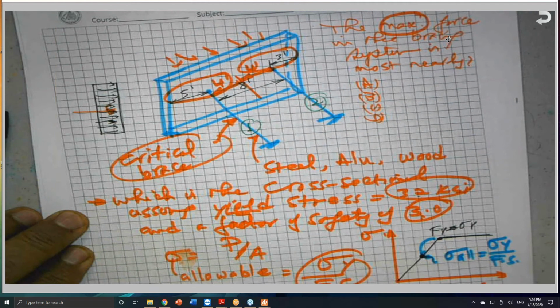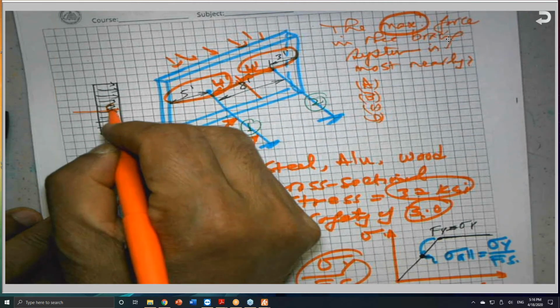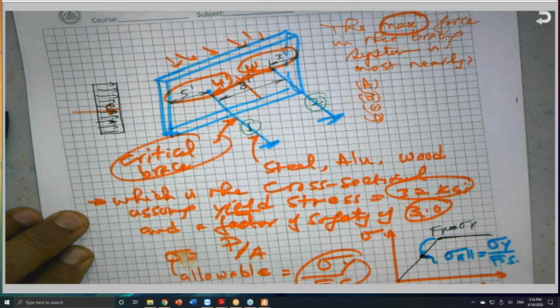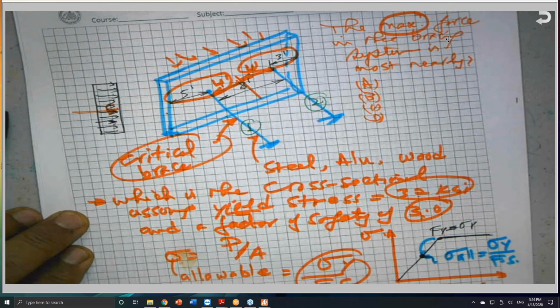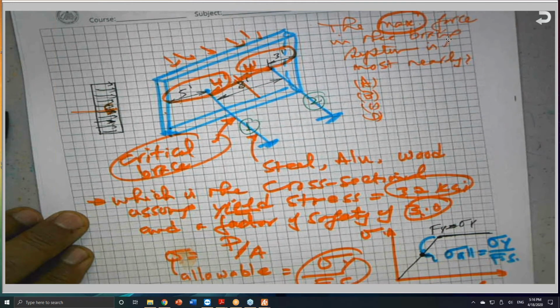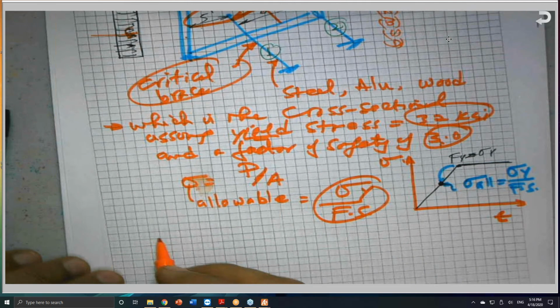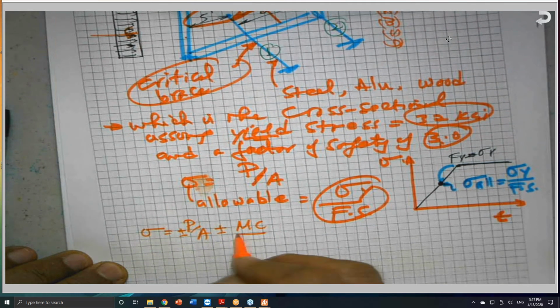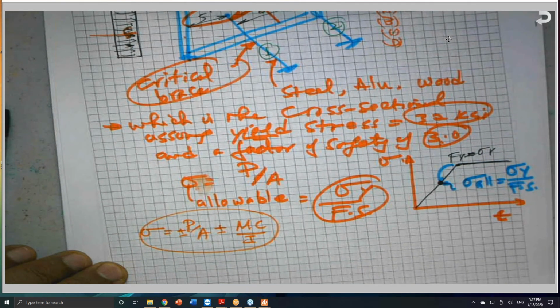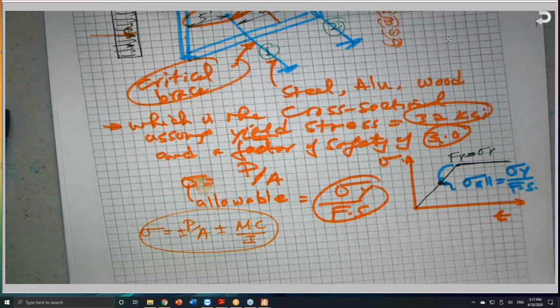So this is a centroid C here, as far as the height. As far as this here, I will assume that the load is in the middle, because otherwise you are going to make the problem so complicated, because it has the combined stresses. And this is something really going to be sigma, which is P over A plus or minus MC over I. I don't expect that he will go this far.